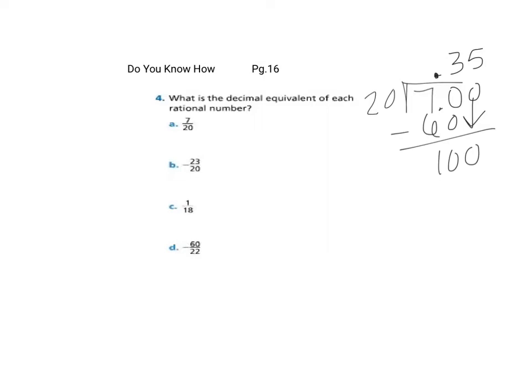So 7/20ths is equivalent to 0.35. Okay? If you type in, for B, negative 23 divided by 20, you get negative 1.15.